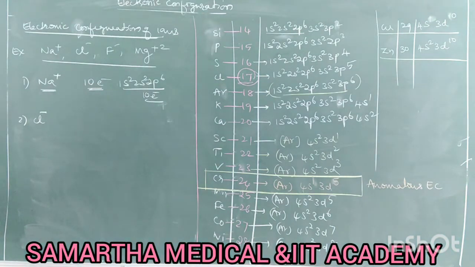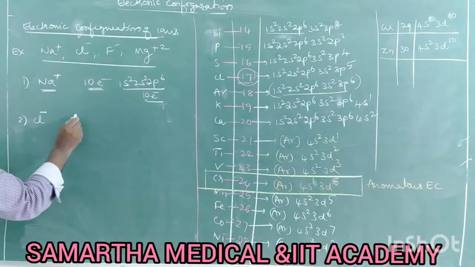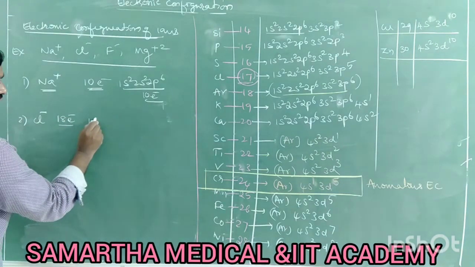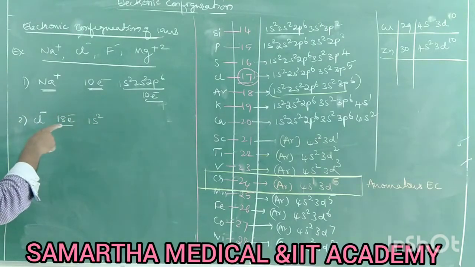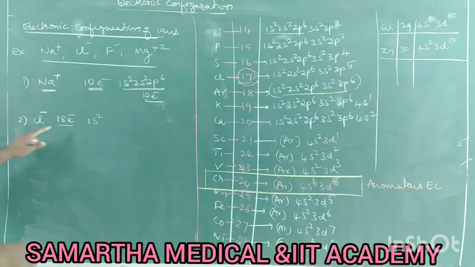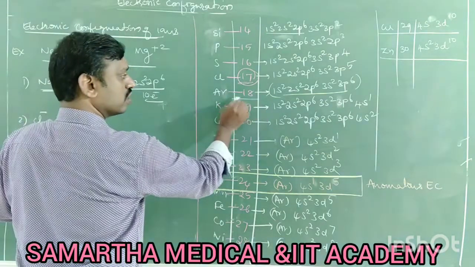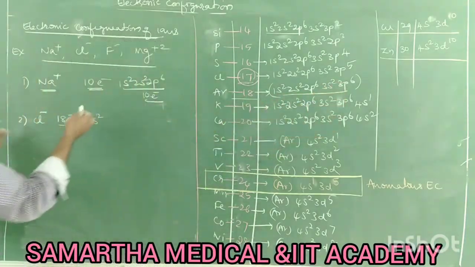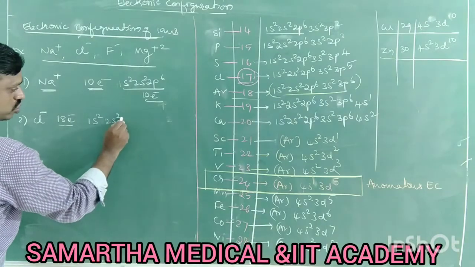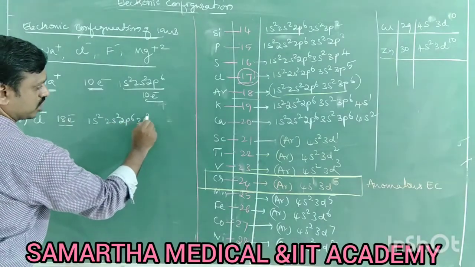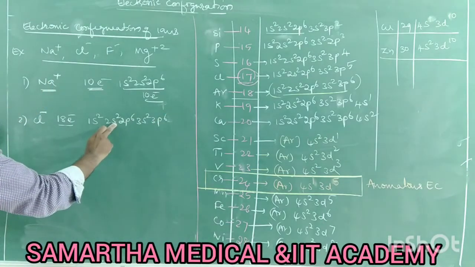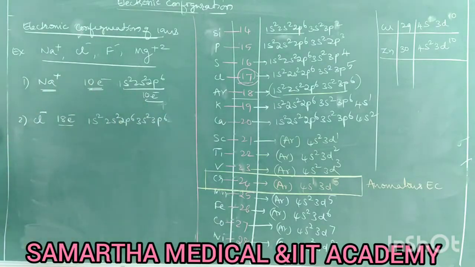Therefore, 17 plus 1 becomes 18 electrons. So you just write the electronic configuration of 18 electrons, which is the same as argon: 1s2, 2s2, 2p6, 3s2, 3p6.